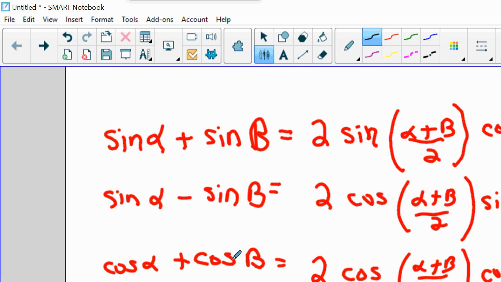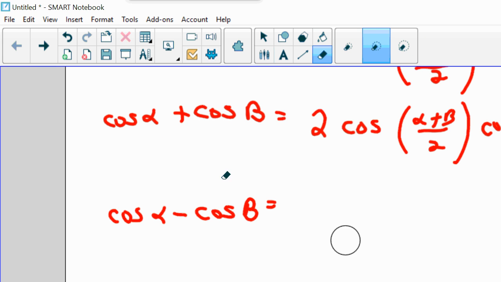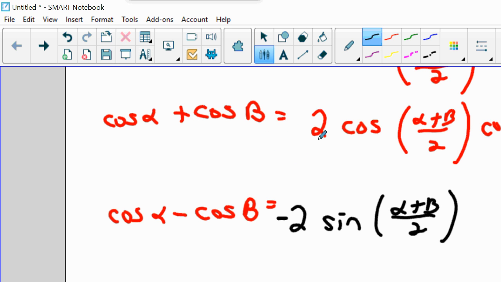And finally, cosine alpha minus cosine beta is 2, with a negative, sine alpha plus beta over 2 sine alpha minus beta over 2.